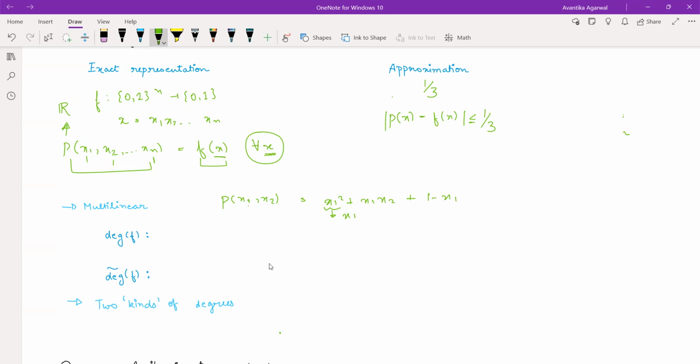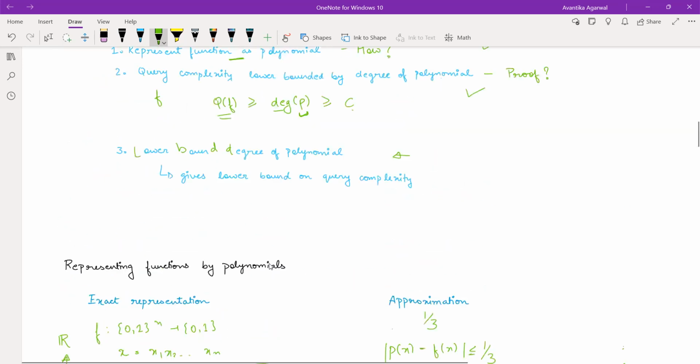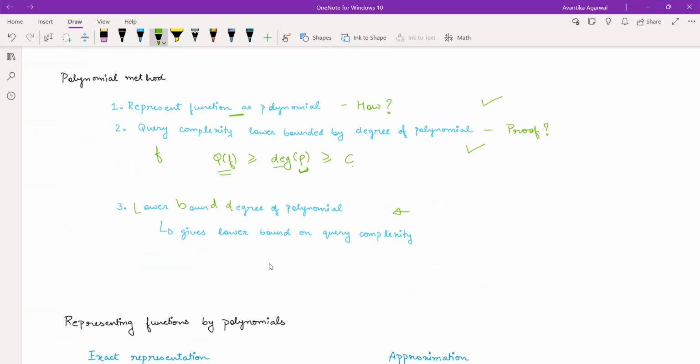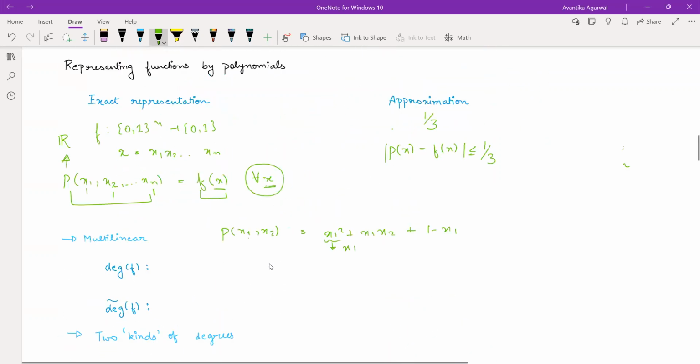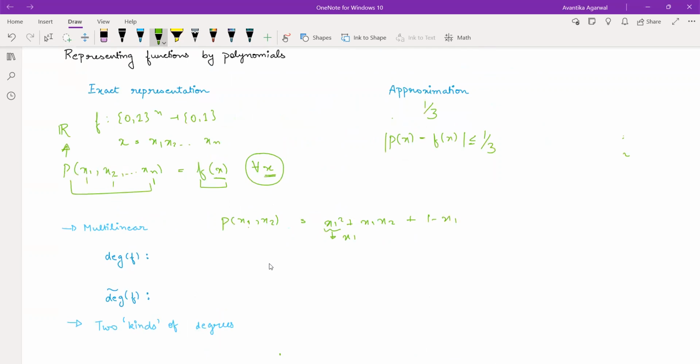And given these two ways of representation, now we can define two quantities. Earlier I talked about the query complexity being lower bounded by the degree. Now I'm going to talk about what this degree exactly is. There is the exact degree and there is the approximate degree, called degree tilde. The exact degree is the minimum degree of a polynomial which exactly represents f.